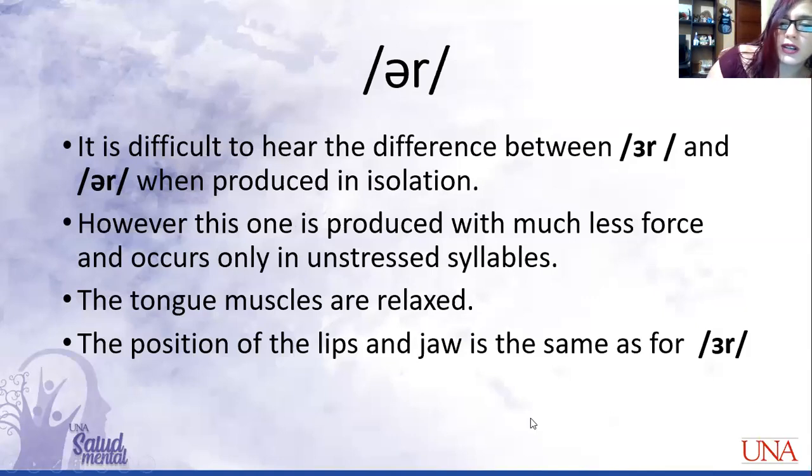So, what is important about the tone is that the muscles are gonna be relaxed and the position of the lips and the jaw is the same as before. So remember the jaw is going to be slightly lower when you say the same thing. And the lips are going to be protruded and also slightly parted, okay?